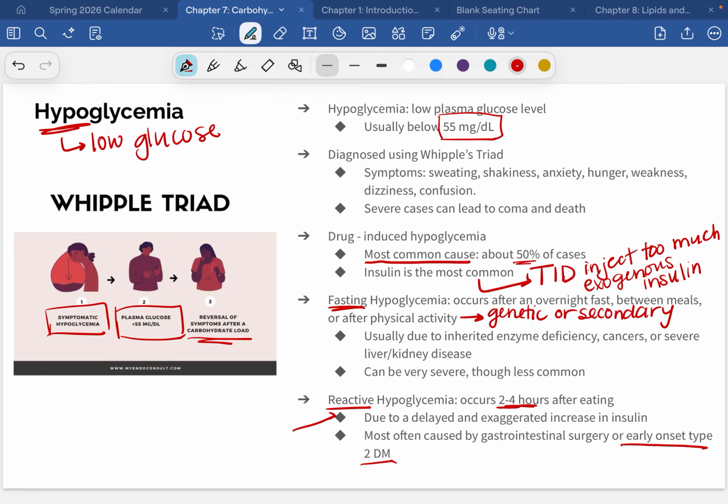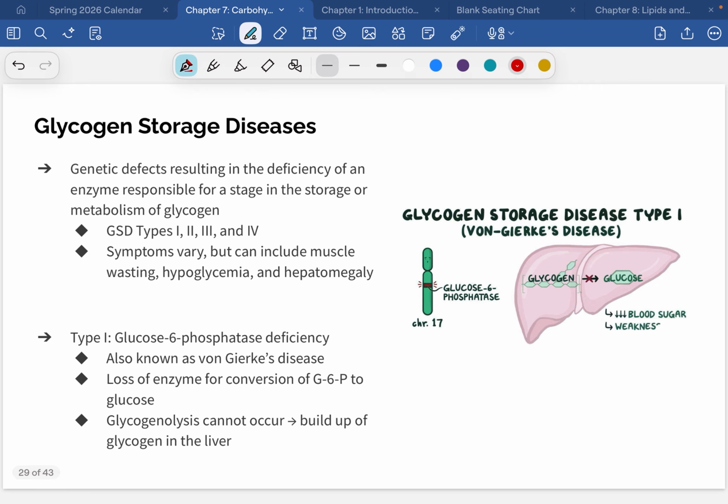Right? So another type of disease, and this is a group of diseases that we're not going to talk too much about, is glycogen storage diseases. Like we talked about, glycogen is the storage form of glucose in humans. What's supposed to happen in a typical human is blood glucose is pulled into the cells by insulin.